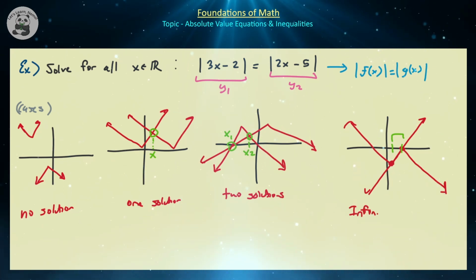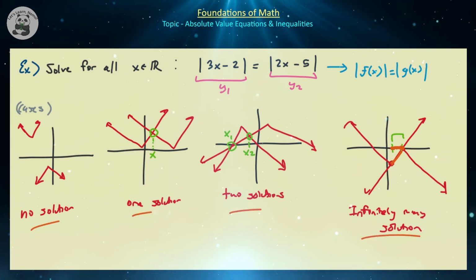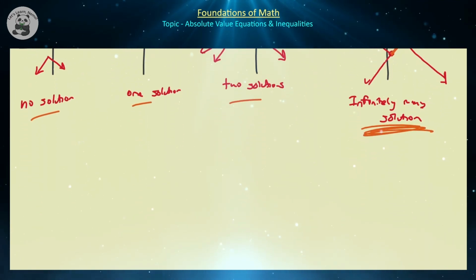So infinitely many solutions to this particular set of equations, where all x values within this interval, inclusive of those boundaries, would be included because that's where these two V's overlap or cross over. So no solution, one solution, two solutions, and infinitely many solutions, and there's a variety of different structures for infinitely many, for example, a closed interval, open interval on both sides, or something along those lines.